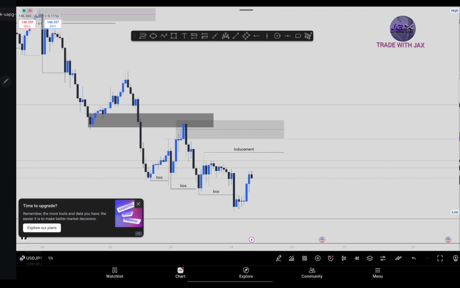There are many different strategies. We have the SMC strategy, we have the ICT strategy, we have support and resistance, which is the basic stuff. We have price action traders, who just trade any patterns they see in the market. So there are different types of strategy.